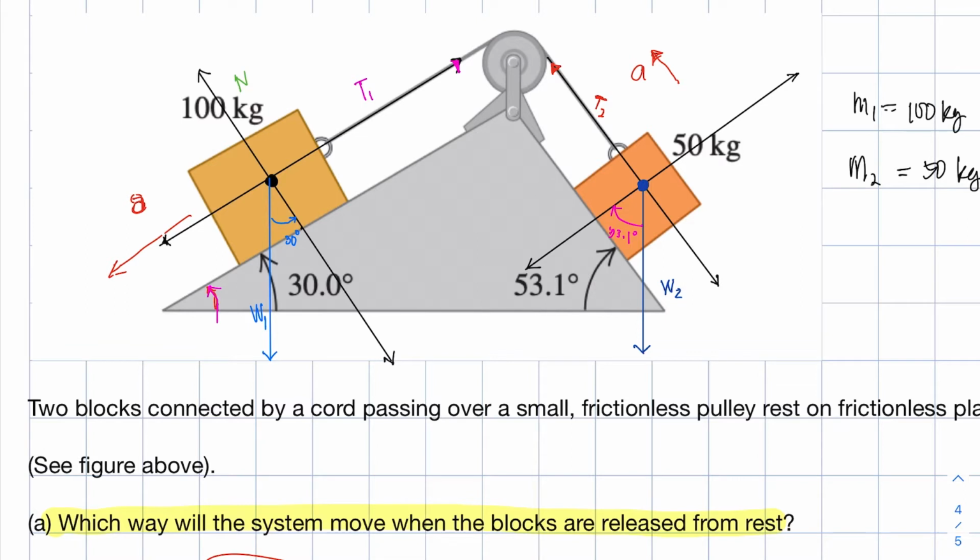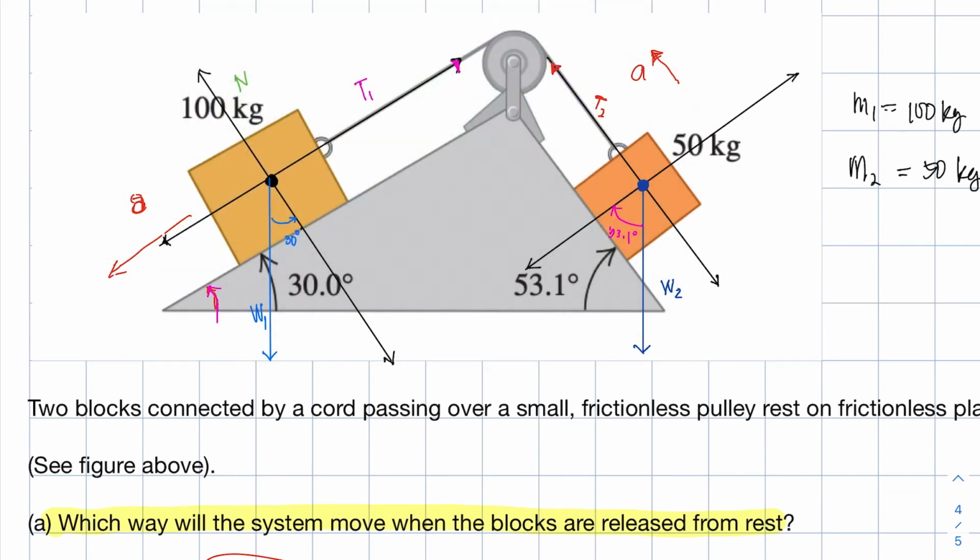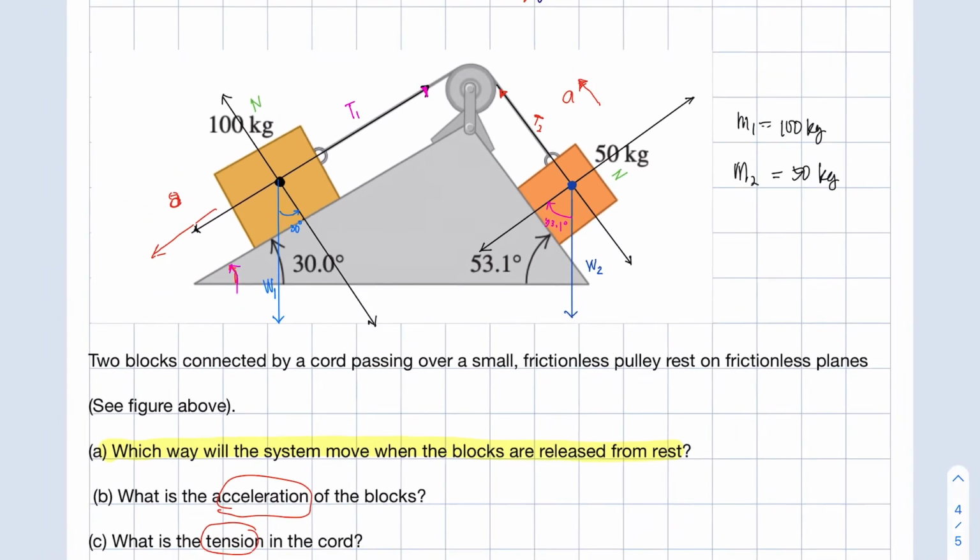Another question you should ask yourself: are the two tensions equal in magnitude? That is very relevant to solving this problem. And then also, since there is a contact between your plane and your mass, don't forget that perpendicular to the contact is your normal force.